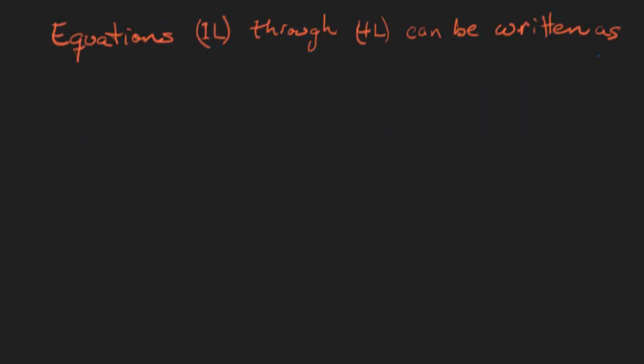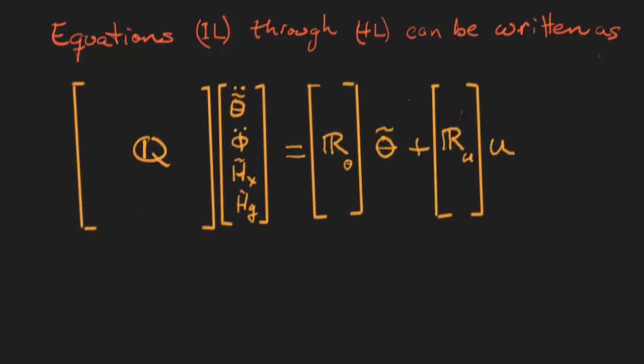To determine those coefficients in the A and B matrices, we're going to have to rewrite our linear equations 1L through 4L. And we can do it like this. That is, I can take my unknowns and arrange those terms in a form that I can express as a matrix.